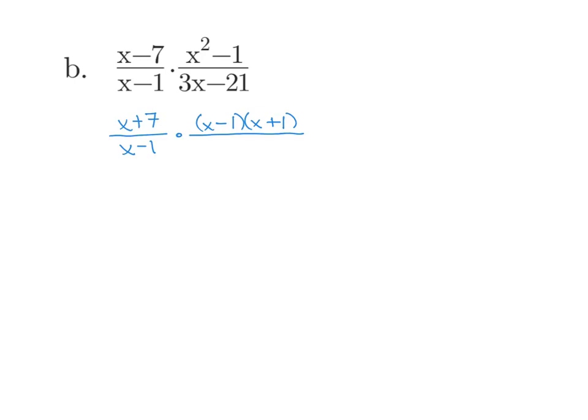I can factor out a 3. And if we factor out a 3, 3x divided by 3 is x. Negative 21 divided by 3 is negative 7. And I just realized I made a mistake. This should be x minus 7.